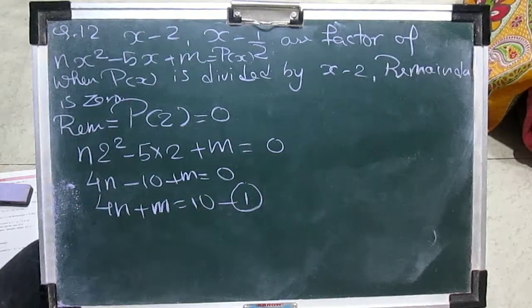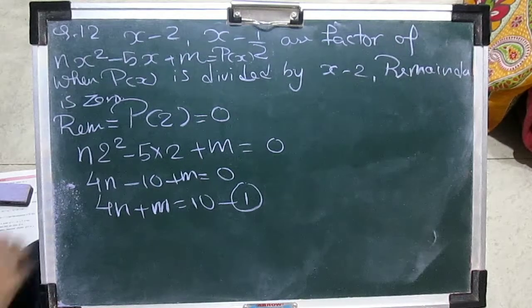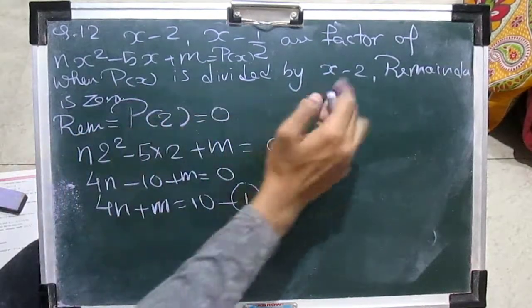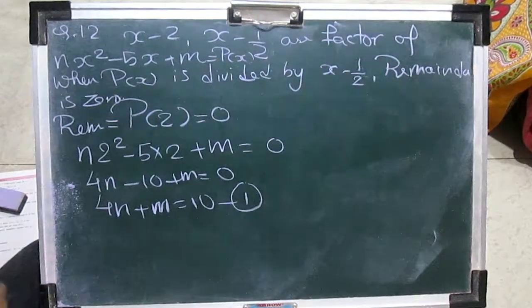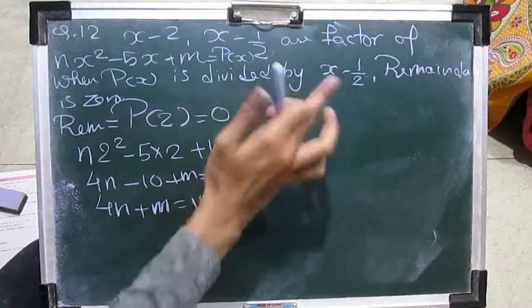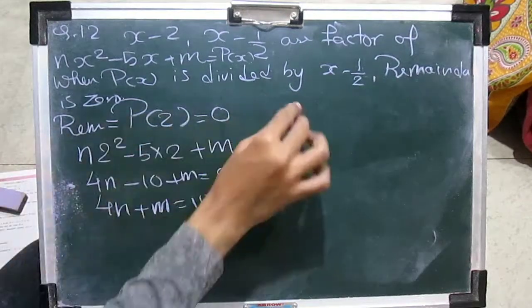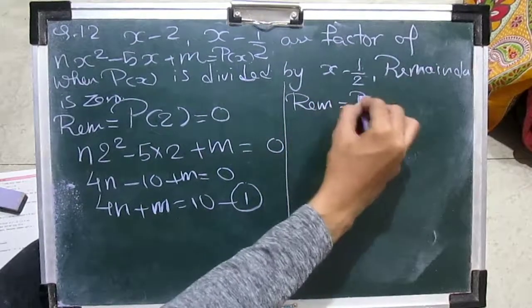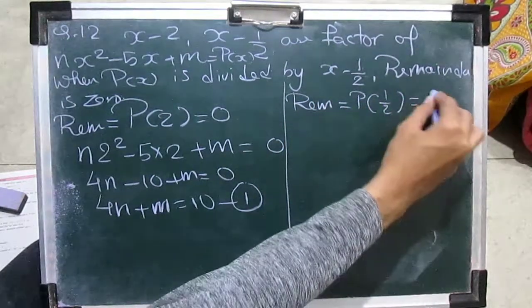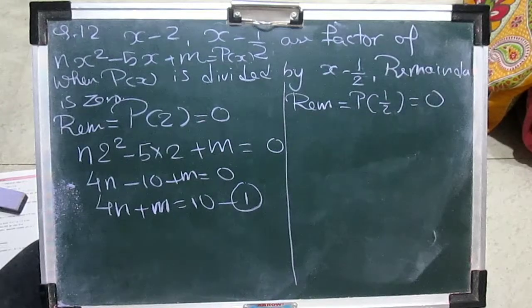On the similar way, you will write when p of x is divided by x minus half, then the remainder is 0. Correct? In that case, the remainder is equal to p of half, which is equal to 0. On the place of x, I will write half.